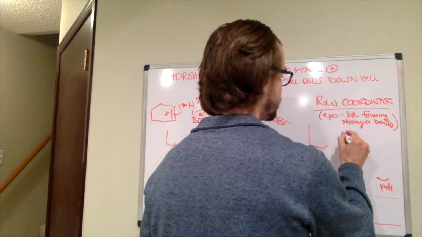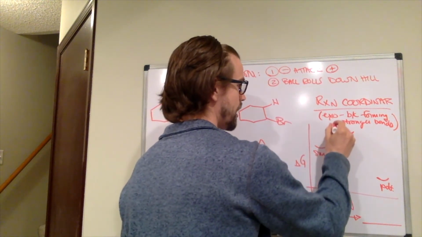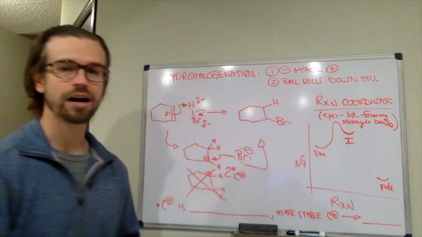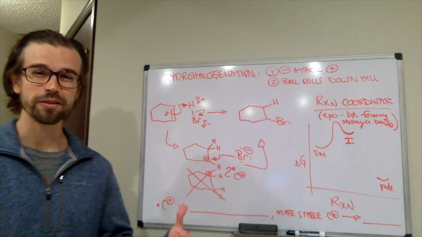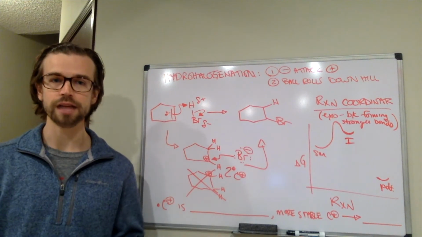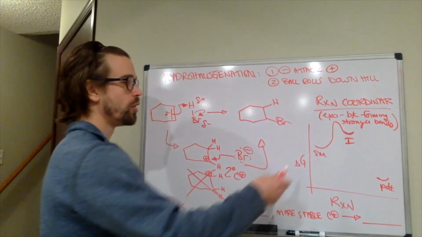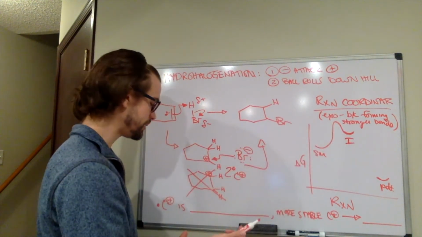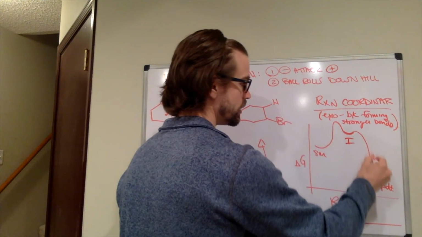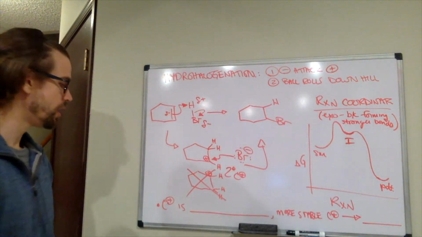Our intermediates are up here, so I'll just put an I for that. So somehow we're going over an activation energy bump. We have our intermediates that are high energy. Another thing that makes them high energy is that our carbon doesn't have a full octet. Everything wants to have a full octet. We're missing it there. So we go up to our high energy intermediates, and then they will quickly go over the activation energy barrier to the product formation.